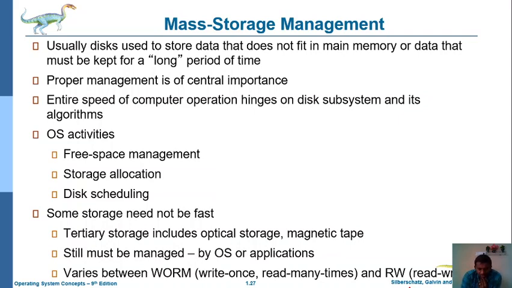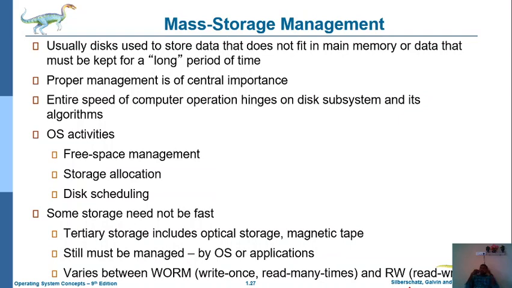While we are accessing the data, the accessing speed also depends upon whether that particular data is read only or write also. That means that particular file or data can be accessed in which mode: either write once and read many times, or read and write.